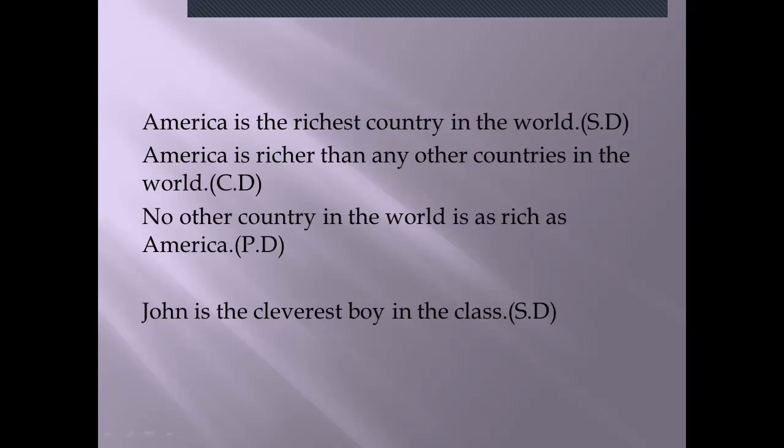Here country singular you have to write. That's a mistake. Excuse me for that. America is richer than any other country. Any other country, here singular we need to use. Any other country in the world, comparative degree. And positive degree starts with no other country in the world is as rich as America.